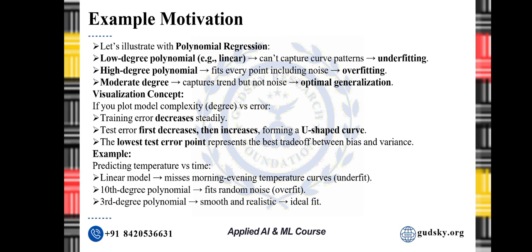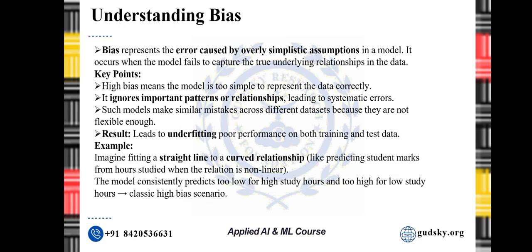This is exactly what we want when building real AI systems, a model that learns patterns, not memorizes noise. So, this is called the example for polynomial regression, and we move to the next slide, that is understanding bias.